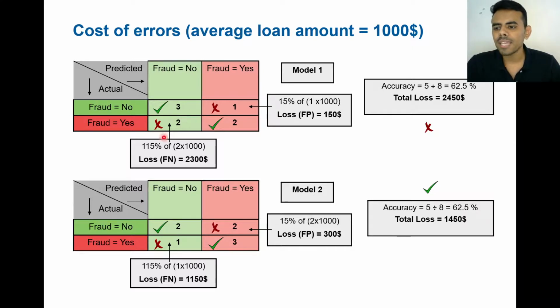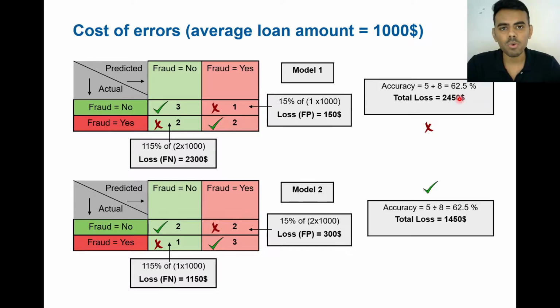And we have two false negatives, and here we'll be losing 115% of that amount. There are two cases, so 2 times $1,000, essentially giving you 2,300 loss. You sum up both of these values, you get $2,450 of losses.